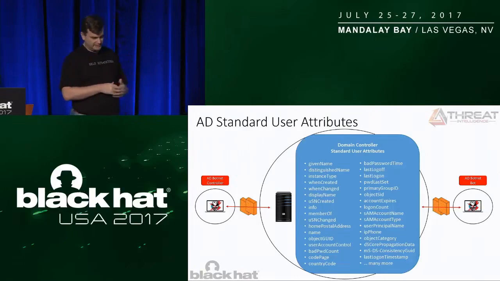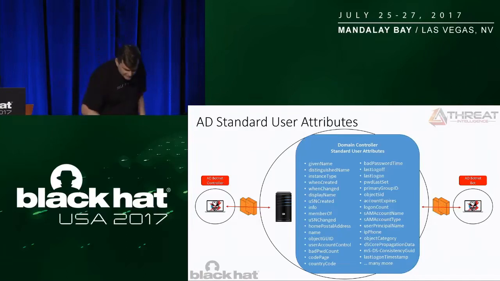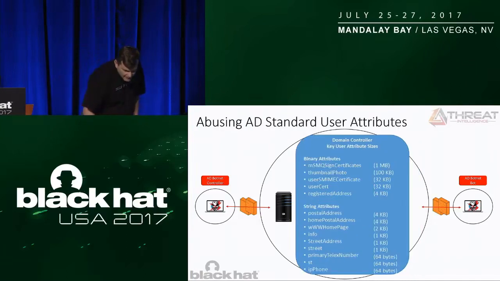So basically, you can use any of these attributes for establishing the communication within the network. Here are some of the sizes. The largest one is the MSMQ sign certificates. It's around about a megabyte, and you've got thumbnail photo and a few other ones. They're divided into binary attributes and string attributes in terms of their type.